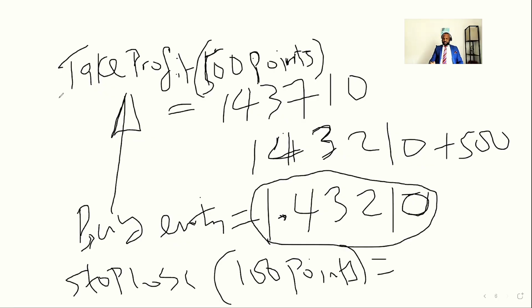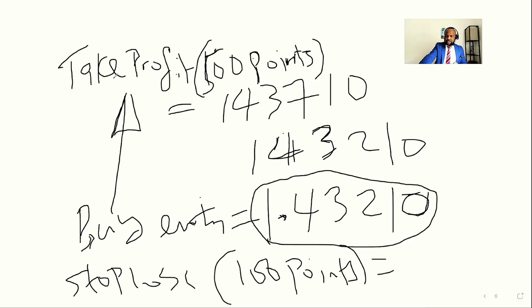143,710. This is what it will give you. And then if you do, because this one is under, you have to subtract. Because this one is above, you have to add. Okay, so you subtract to get the stop loss.